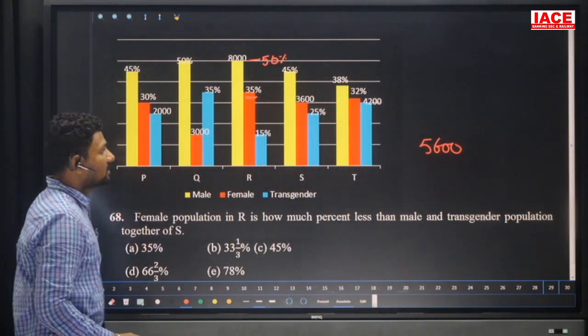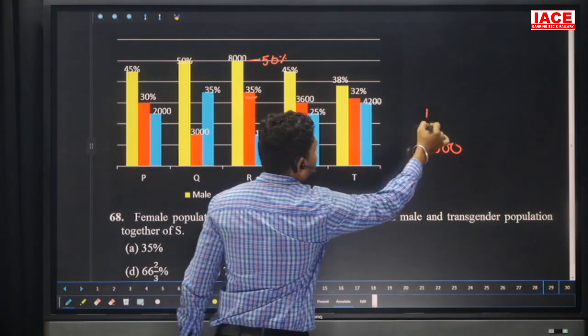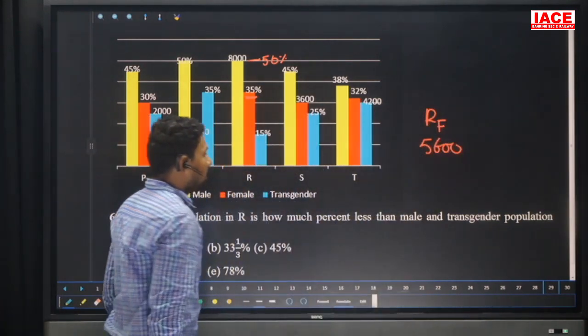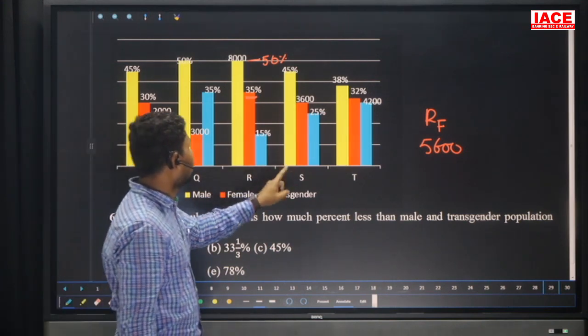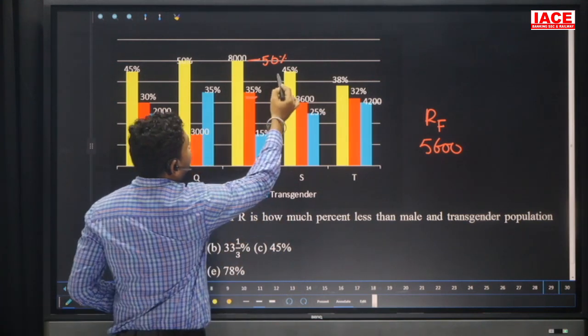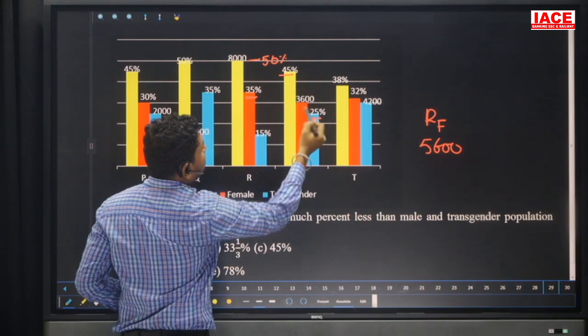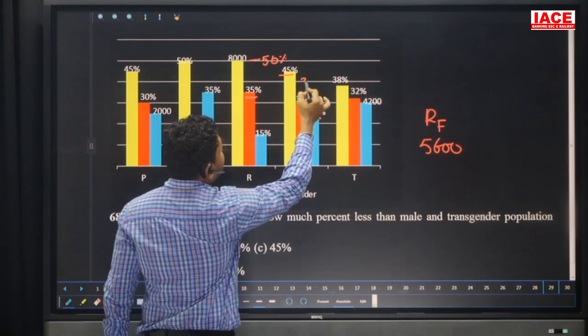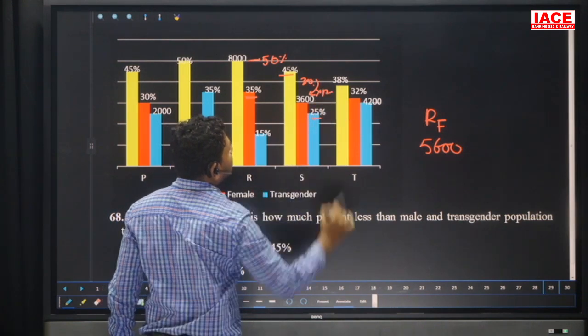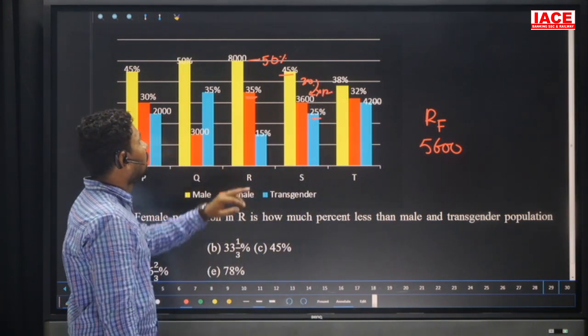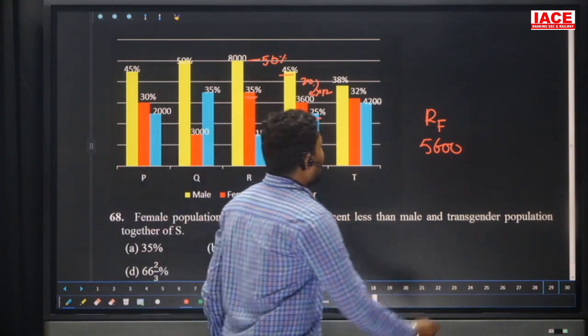This is the female population of R. Now the male and transgender population together in S: 45 percent plus 25 percent is 70 percent. The remaining is 30 percent, and 30 percent is equal to 3,600. Each 1 percent is equal to 120, so 120 into 70 gives 8,400.